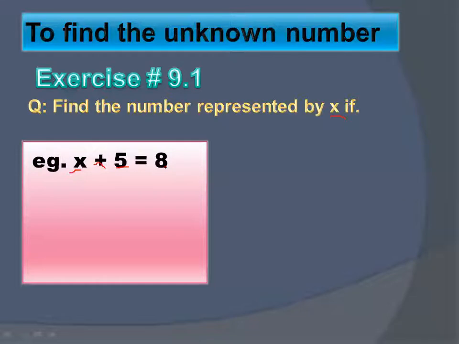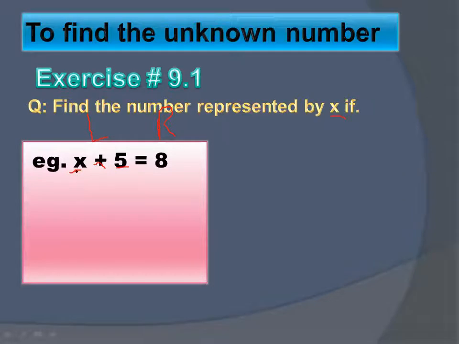Basically here you have two sides as well. The side before the equal to is called the left side, and the side after the equal to is called the right side. Now, you have to find the variable x.